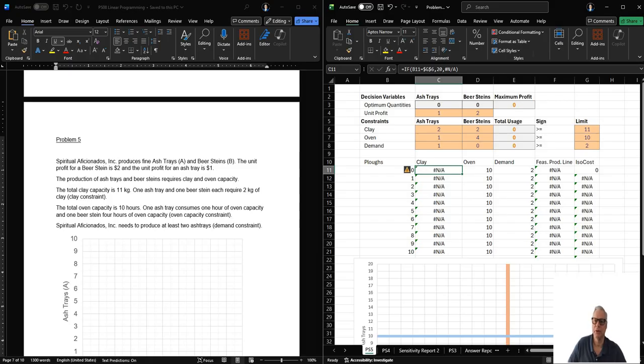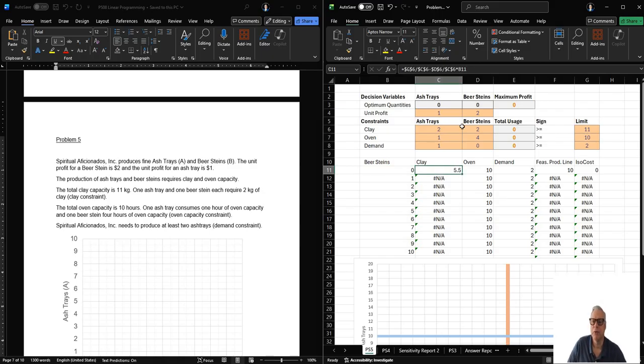And what we enter, the formula is equals to the maximum of clay, F4, divided by the ashtray coefficient minus the Bierstein coefficient divided by the ashtray coefficient times the number of Biersteins. And I still have to replace here. The x-axis is now the Biersteins.